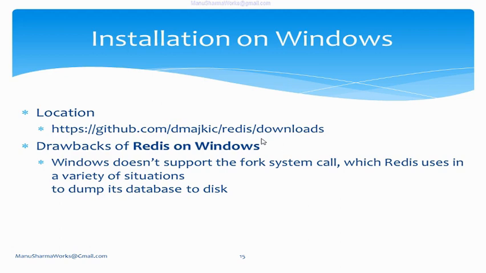If you have 32-bit, then use the 32-bit one. It has different executables. One executable is the Redis server, so you can open the Redis server on one command line interface and the Redis client on another, then connect it to the Redis server on Windows.